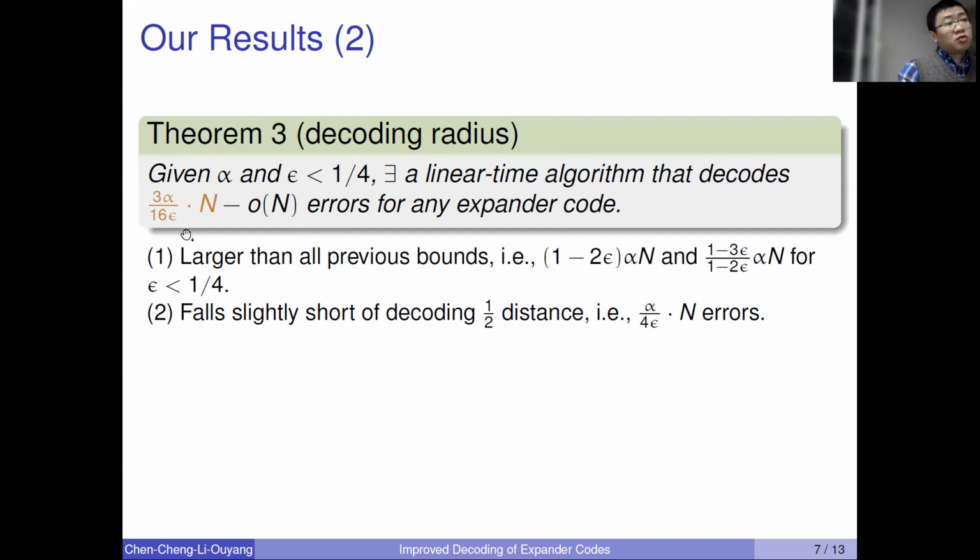So when epsilon is close to 1/4, our decoding radius is basically 3/4 times alpha n. All previous results can only decode up to half times alpha n errors. But on the other hand, this falls slightly short of decoding half of the distance that we showed in the previous slide, that is, 1/4 times alpha over epsilon.